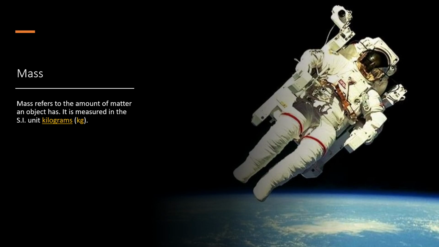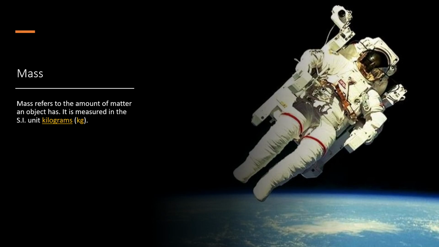SI unit stands for System International, and it's a collection of units that are used by scientists all around the world to convert whatever measurement they've got in whatever unit their country uses back into this SI unit so that they can compare data all across the world.